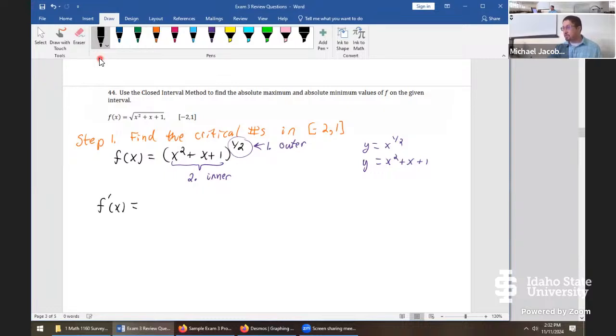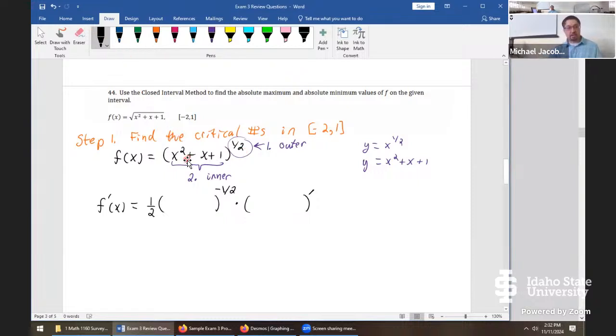F prime of x equals step 1, differentiate this function as if it was x to the power 1/2. That would mean 1/2 comes down. The new power is 1 less, so subtract 2 over 2. We now have a power of -1/2. And chain rule says we multiply by the derivative of something.